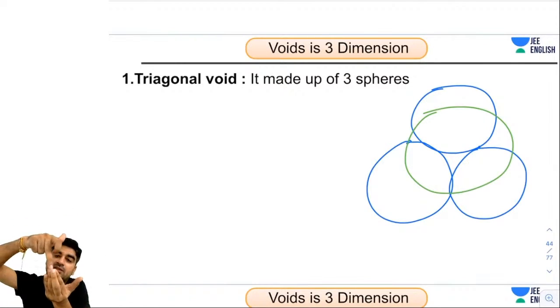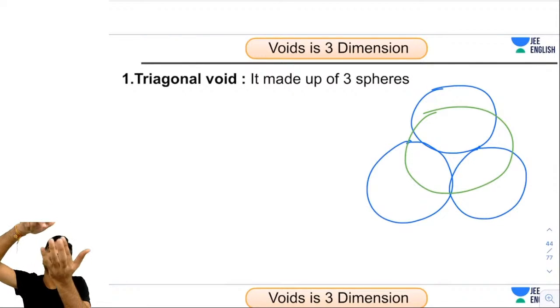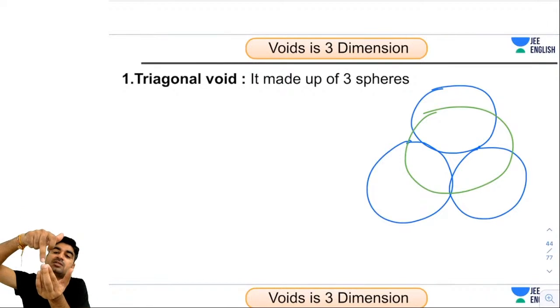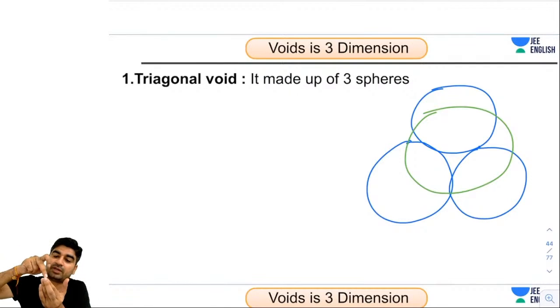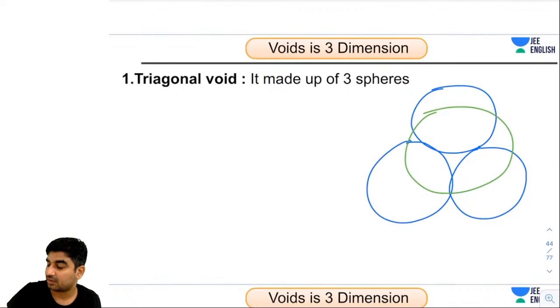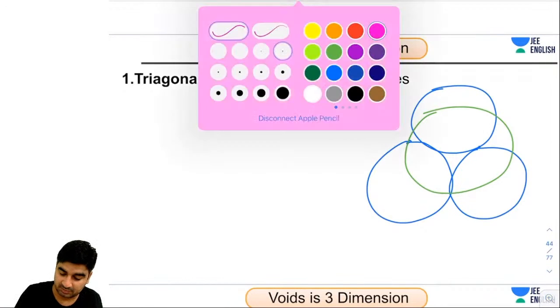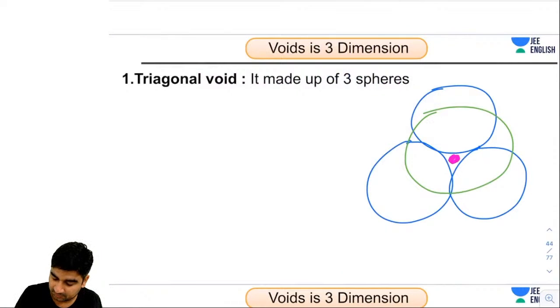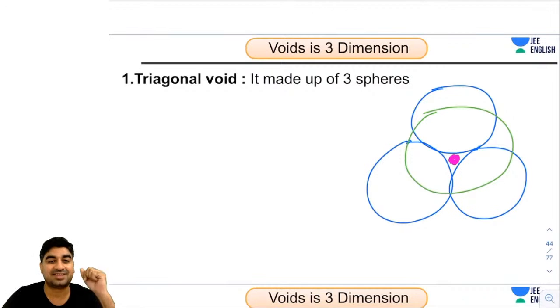When you are doing it in between four atoms, there is a space or there is a void, right? That space or void, like this one. This is tetrahedral void actually.